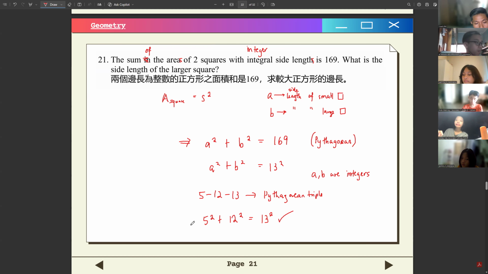So this is a correct equation, meaning the side length of the larger square is 12. Okay? But in case you forget this, you can just do trial and error. Whatever pair of integers would make the equation correct, right? Any concerns, any questions? Okay, next.